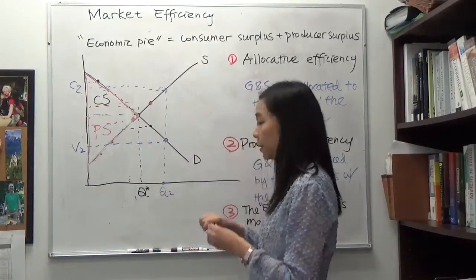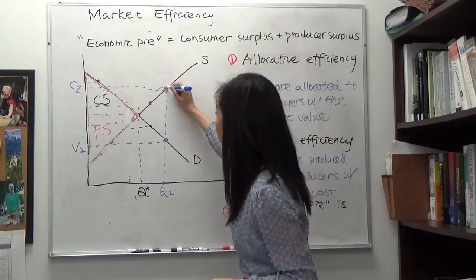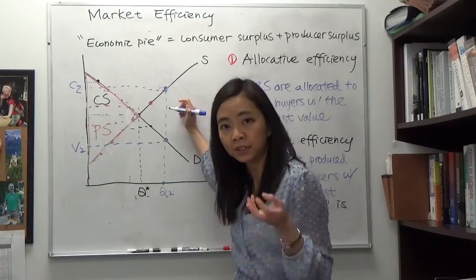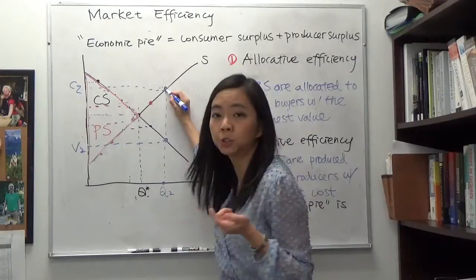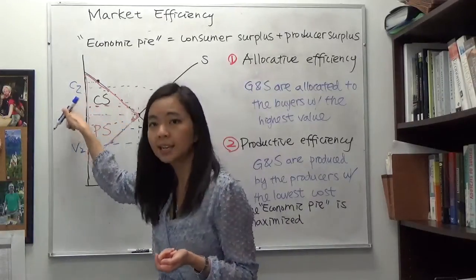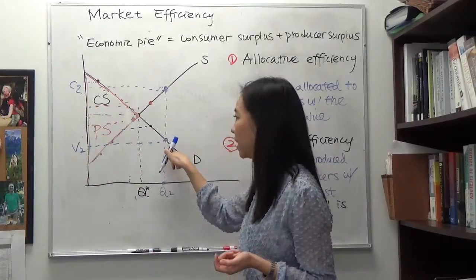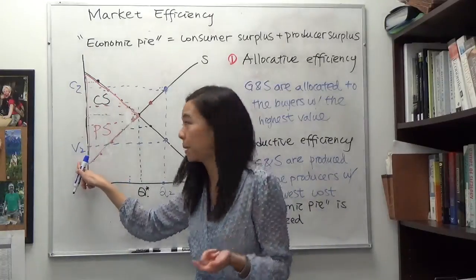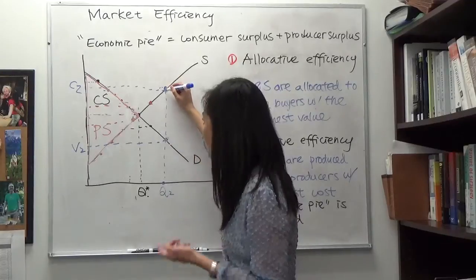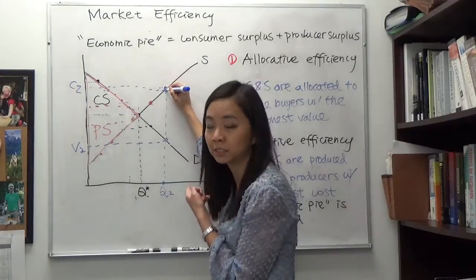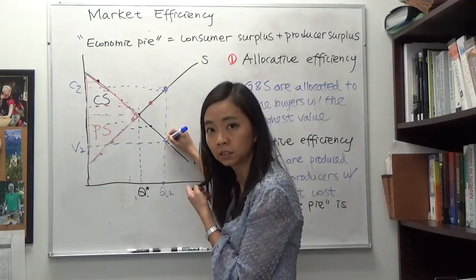And therefore, you produce this unit, so the seller will say, hey, I have to receive at least the price C2 for me to sell this unit because that's my cost, right? And the buyer will say, no, but you know what? My value is only V2, so I can't pay you such a high price. So there will be no trade. And therefore, you produce that extra unit, it will be wasted because your buyer will not want to buy it.